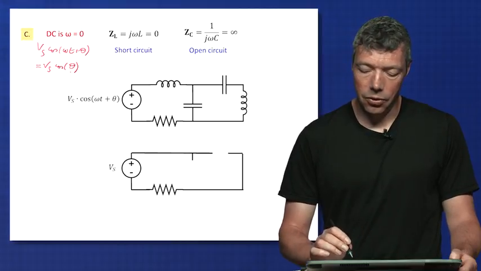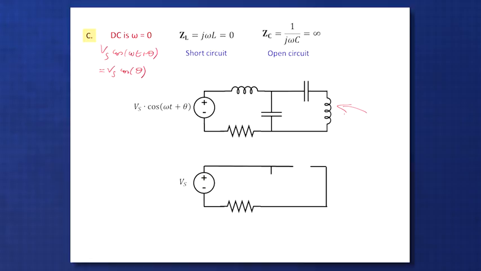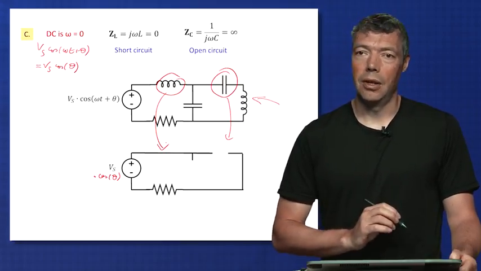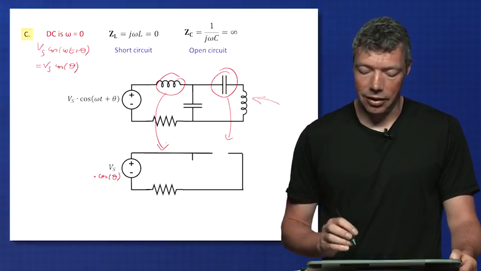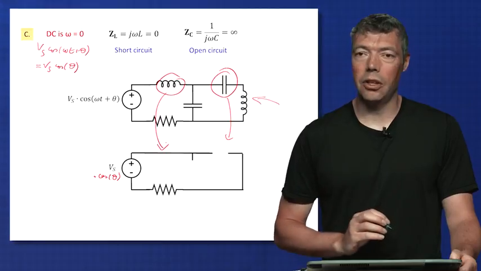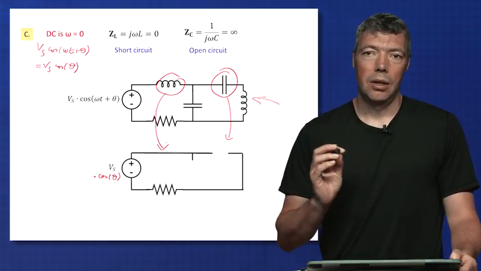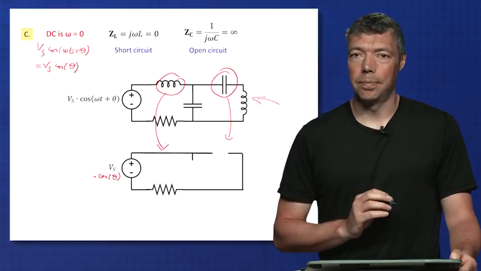And so when I want to analyze this system in the phasor domain, this is times cosine theta. When I'm analyzing this system, basically my capacitors and inductors become open and short circuits. And this is something we already knew, but this is confirmed now. So basically when I do my phasor analysis, I can just analyze this system with open and short circuits.